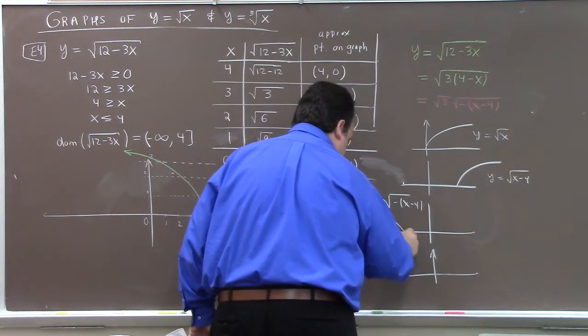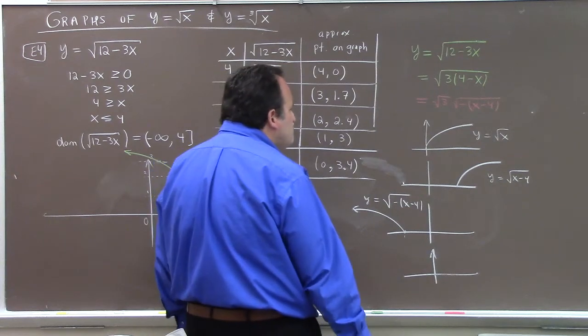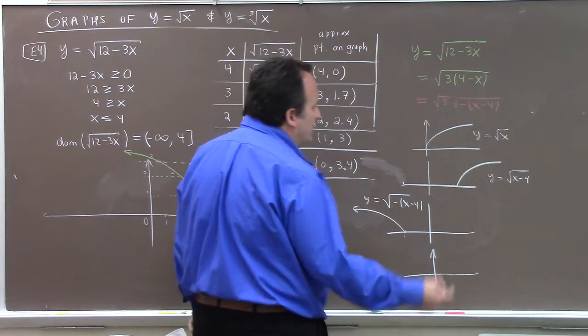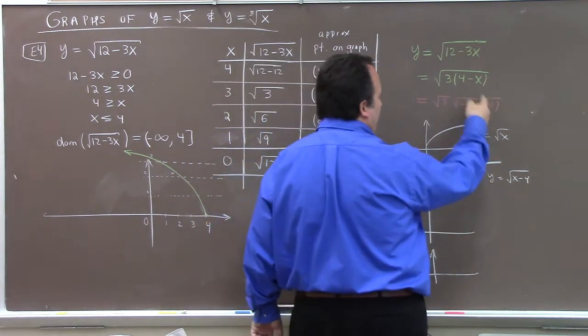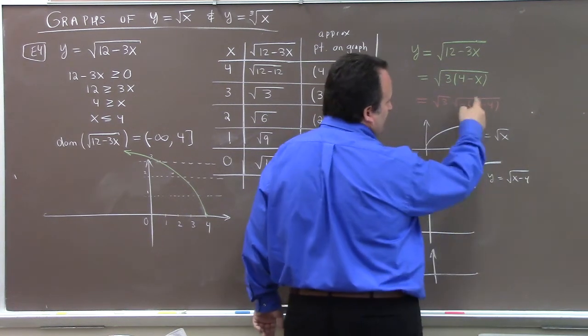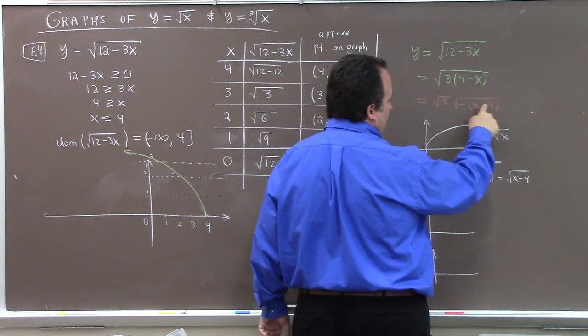That just makes it dummy. Me, not you. How about this step right here? Bunch of nonsense. Multiply that out. Did you get back to here? No. That's supposed to be a plus.